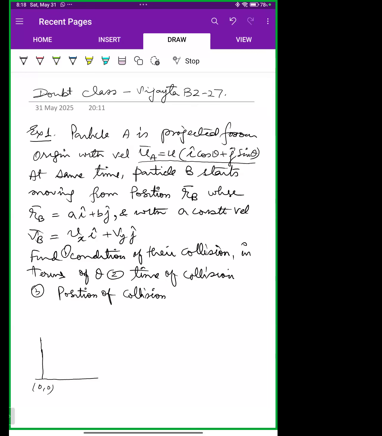And here it is like this, vector U, or U of A. This angle is theta. Particle B starts moving from here.